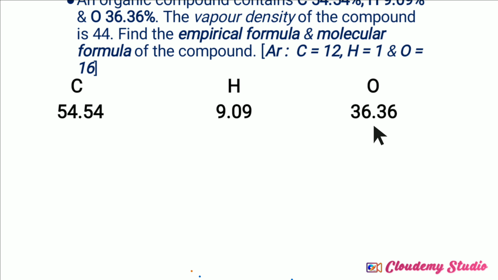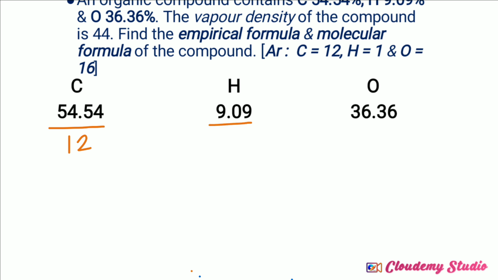The next step, we need to calculate the number of moles of atoms. To calculate the number of moles of atoms, we need to divide the given mass by the molar mass. The molar mass of carbon is 12, so 54.54 is divided by 12.